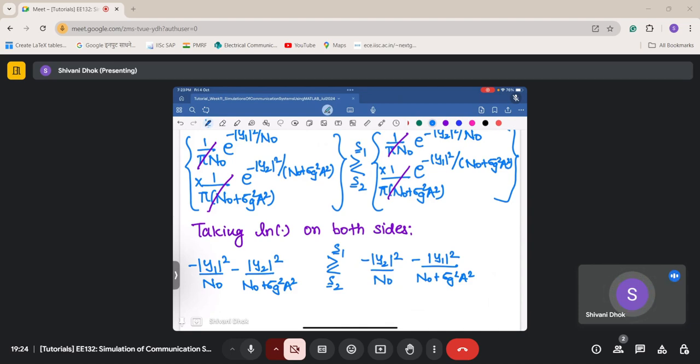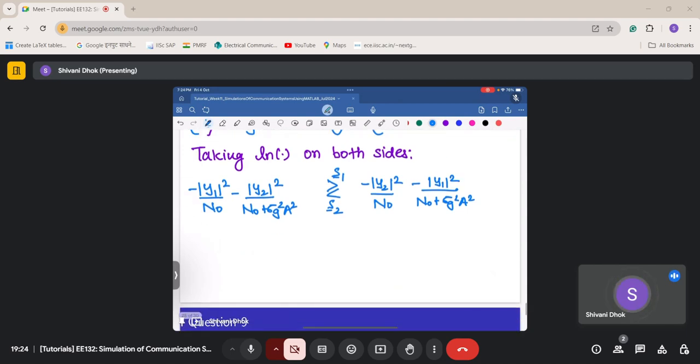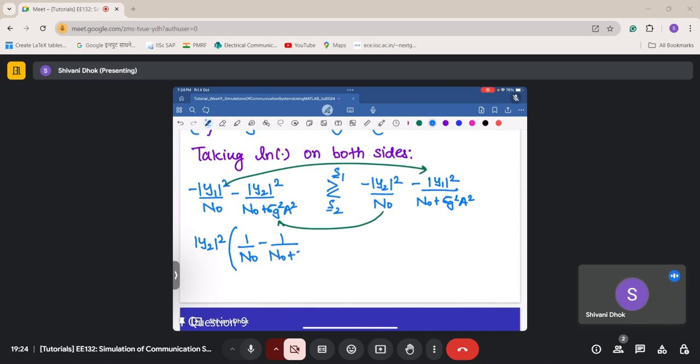Now what we will do is we'll take everything that is a function of y1 square on the right hand side, and everything that is a function of y2 square on the left hand side. So we'll take this here and shift this side. So what we get is magnitude of y2 square, then we'll have this 1 over n naught minus 1 over n naught plus sigma g square a square.